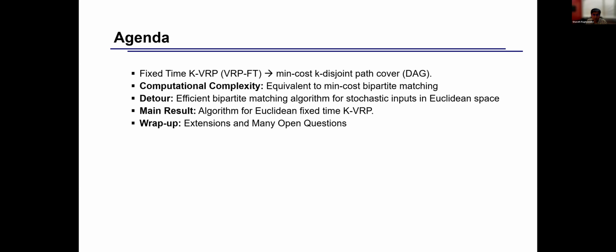But the instances of Euclidean bipartite matching that we get from this reduction have special structure. So what we're going to do is exploit that special structure and design an algorithm that runs in time n^1.8 and computes the optimal solution for the fixed time vehicle routing problem. Okay, so that's the general overview of my talk for today.